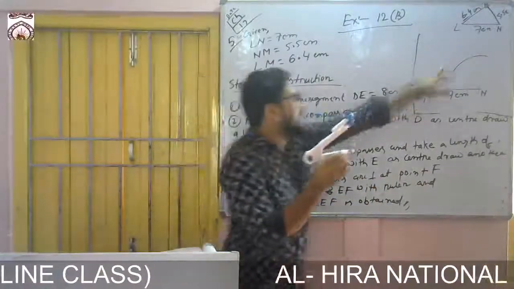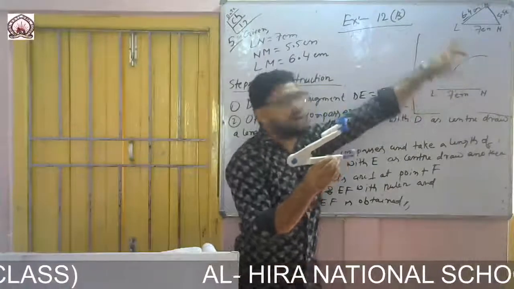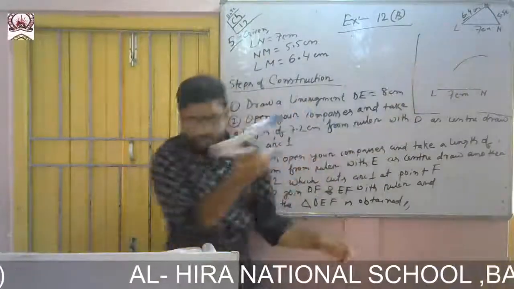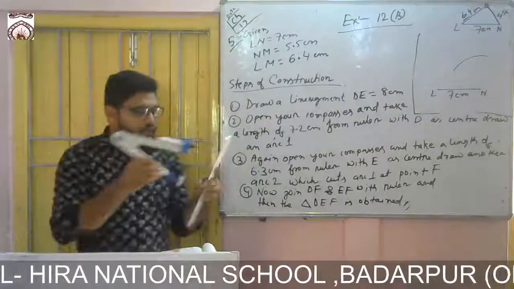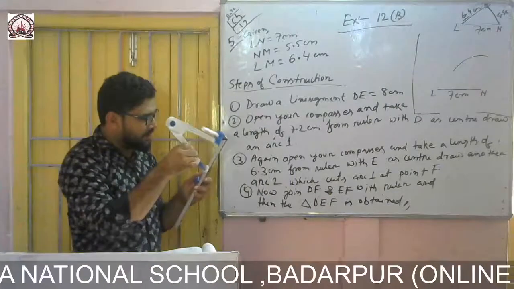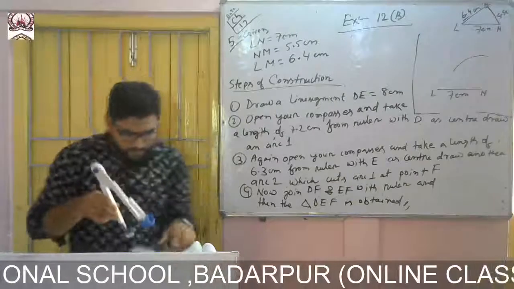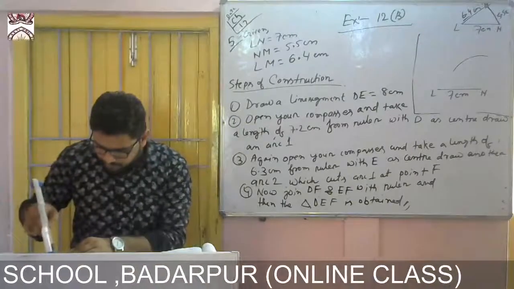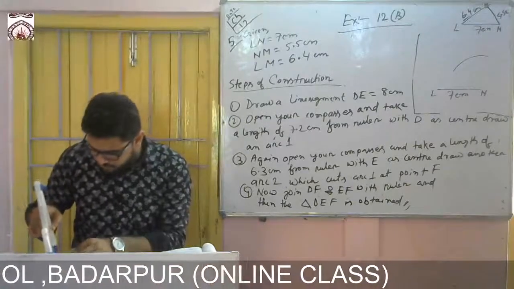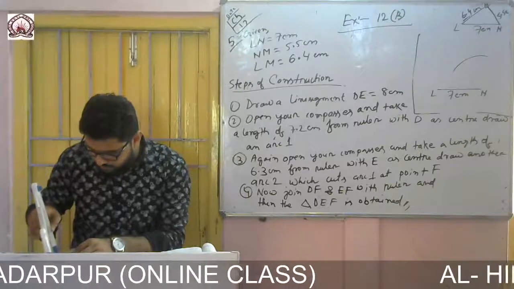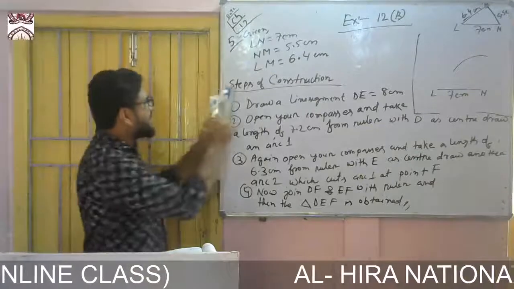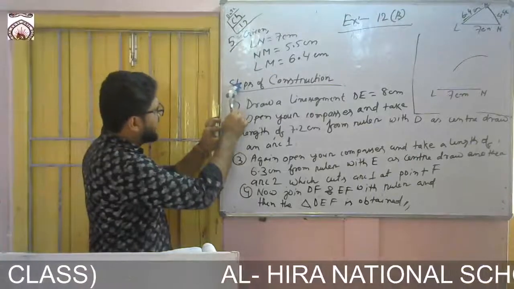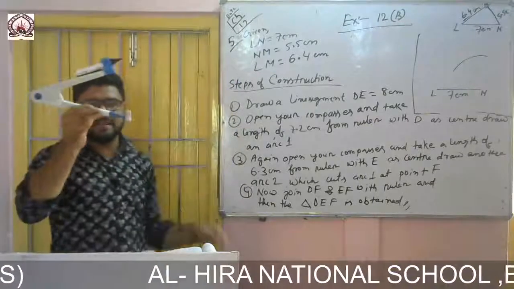lm is 6.4. So this will cut and we will find point m. Again you take 6.4 from your ruler. Somehow 6.4 taken, not accurately, because with this I cannot take accurate.